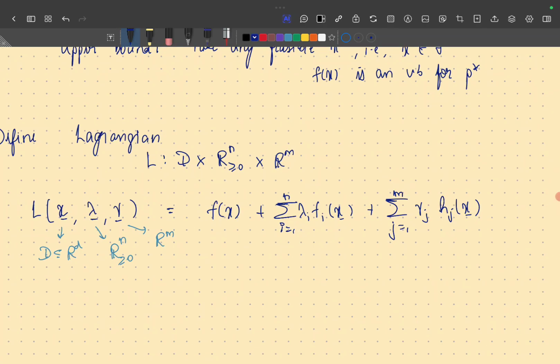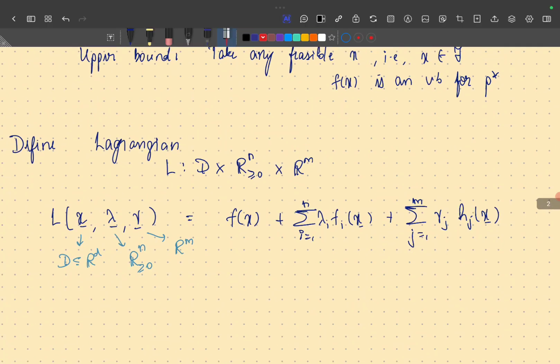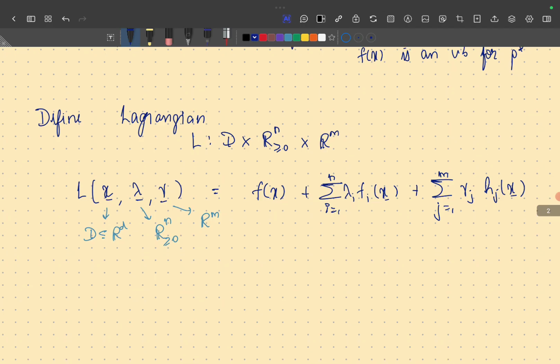For each inequality constraint, I have one of these variables, and for each equality constraint I have one multiplier. So here lambda and nu are called the Lagrange multipliers.